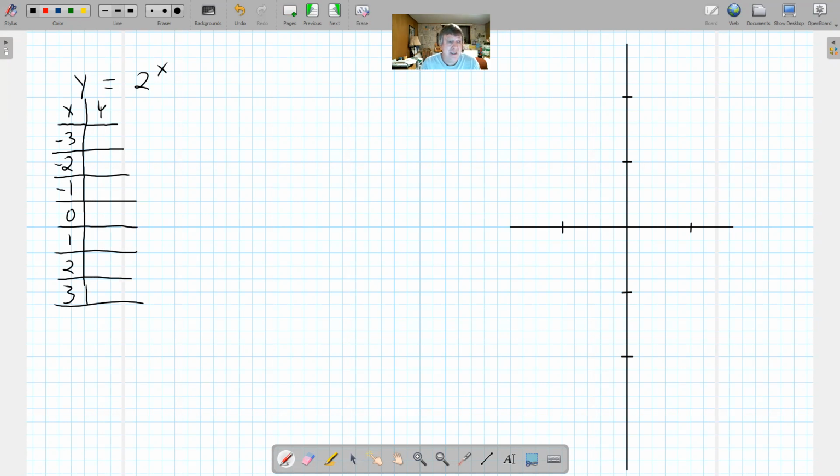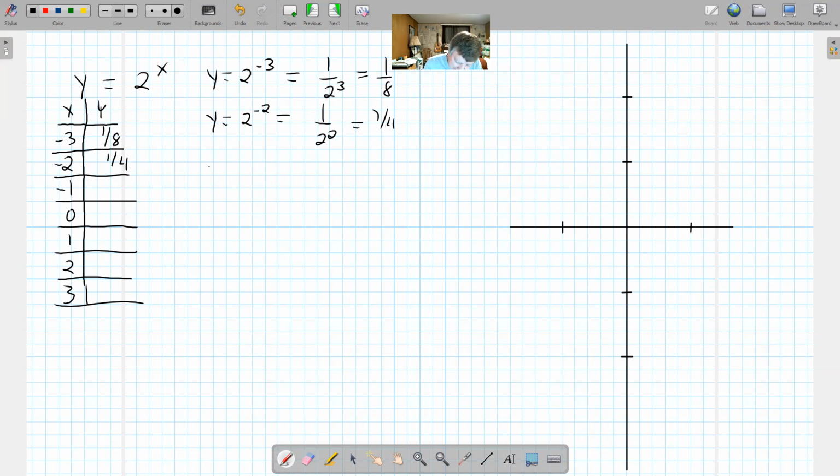So if x is -3, y equals 2 to the -3 power. Recall that we can rewrite a base to a negative exponent as 1 over that base to a positive exponent. 1 over 2 cubed is 1 over 8. If x is -2, y equals 2 to the -2 power, 1 over 2 squared, or 1/4.